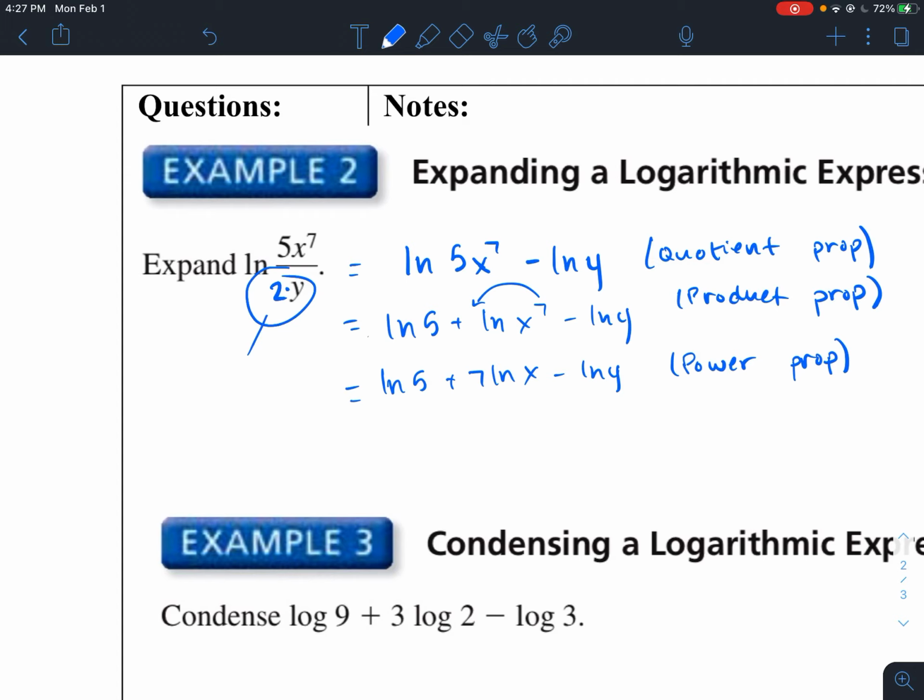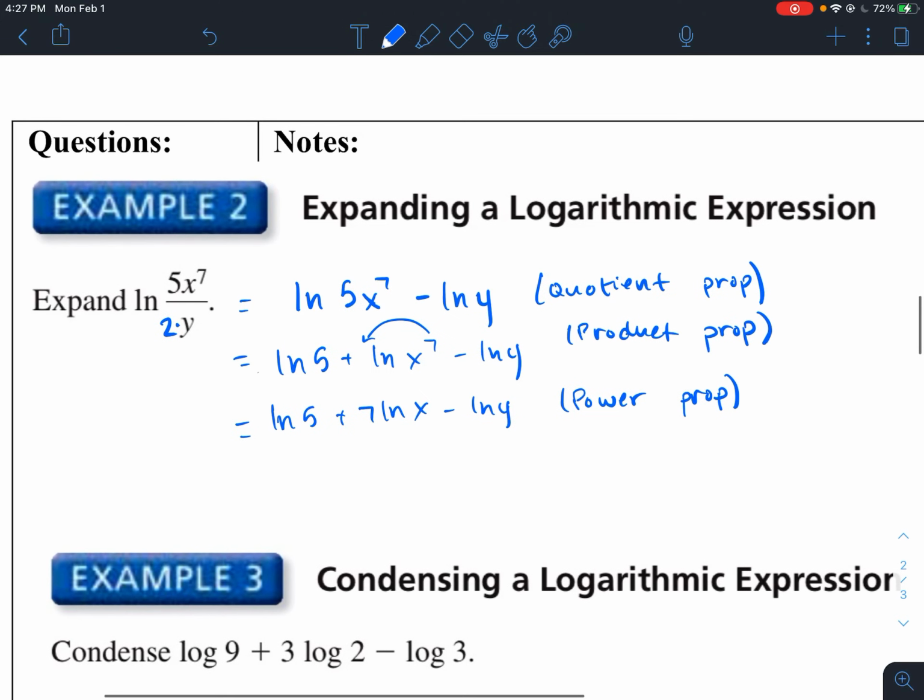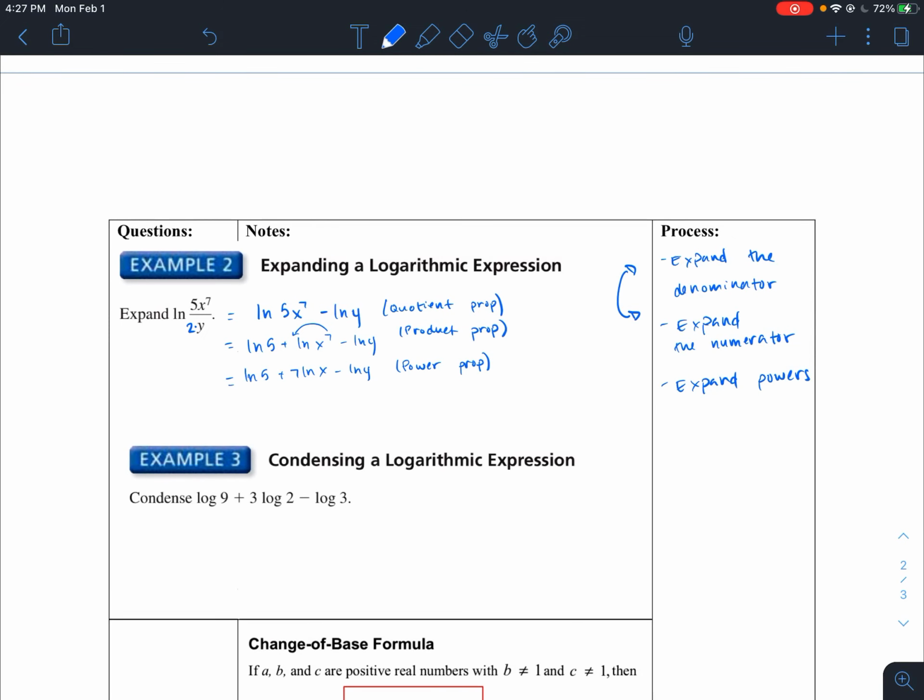Would this turn out to be the natural log of 2 plus the natural log of y? Not quite, because the 2 is also being divided, so it's in the denominator. That means you would have to subtract the natural log of 2 and subtract the natural log of y. So just to give you a heads up, that might come up in a problem or two.